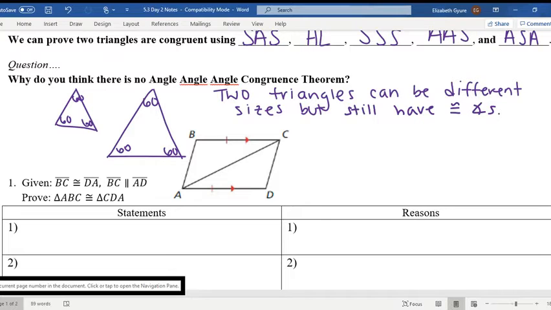Was anyone able to find their vocab sheet? Okay. It'll be super helpful so that you guys aren't guessing about what things mean.